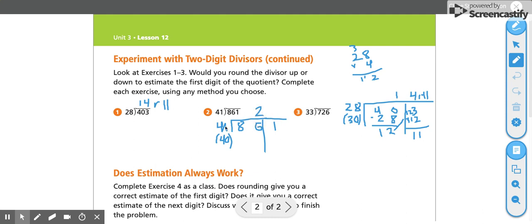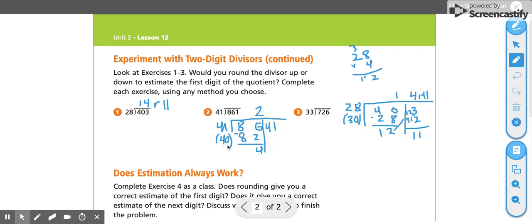And then I'm going to multiply these ones. Now I can do this one in my head. I'm going to think, okay, 2 times 41 would be about 82. Go ahead and do my subtraction. 6 minus 2 is 4. And I can just bring my 1 right on over here, so I get 41.